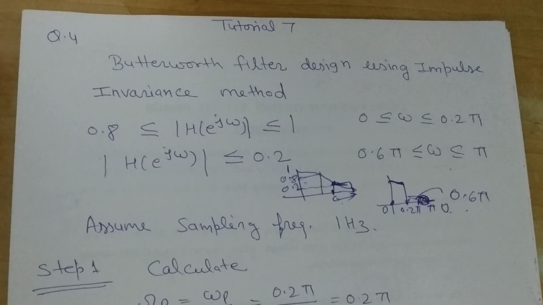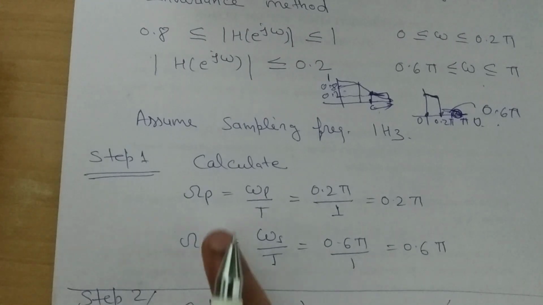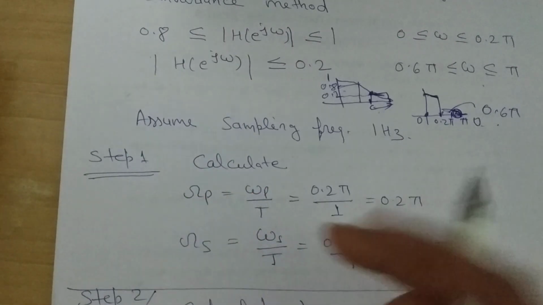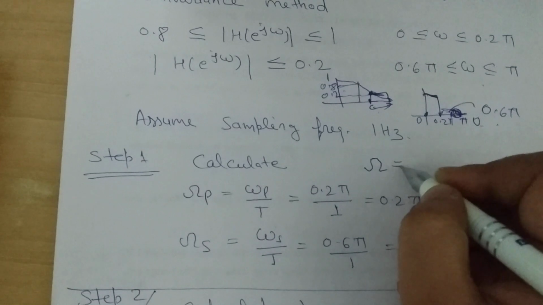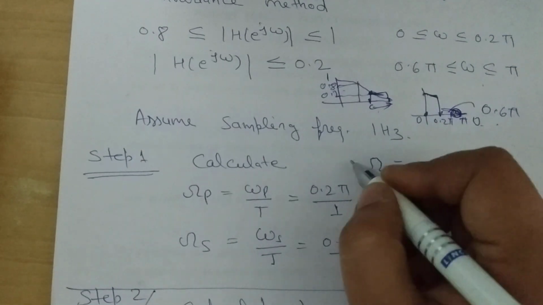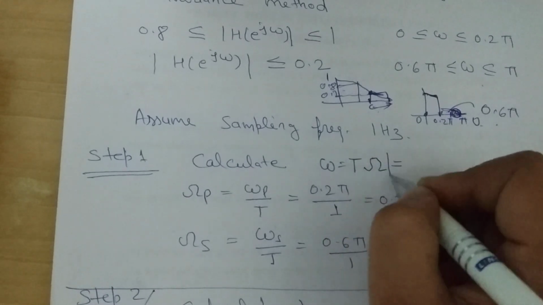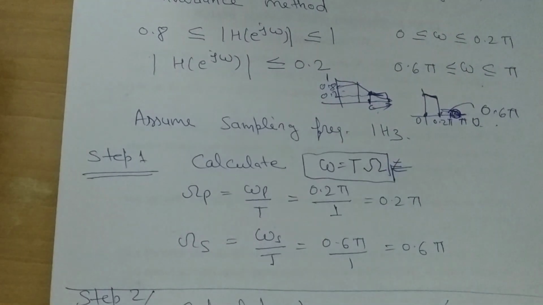Now, because this is the specification of the digital filter that we have to design, first we will convert the digital frequency into the corresponding analog frequency. We know the relationship between digital and analog frequency: omega, the digital frequency, is equal to capital omega times T. This relationship we have already studied during sampling.